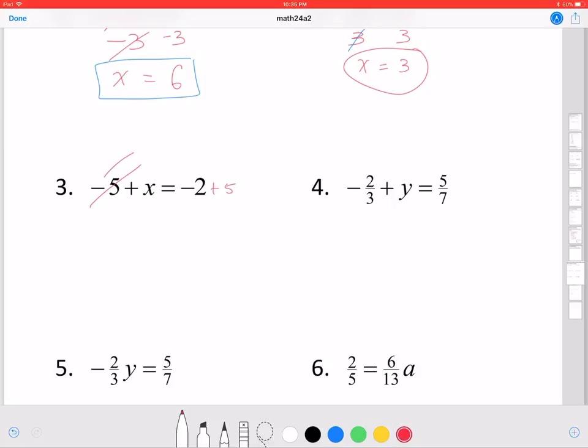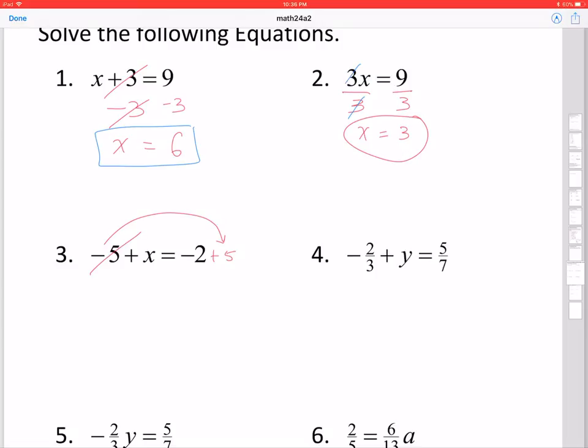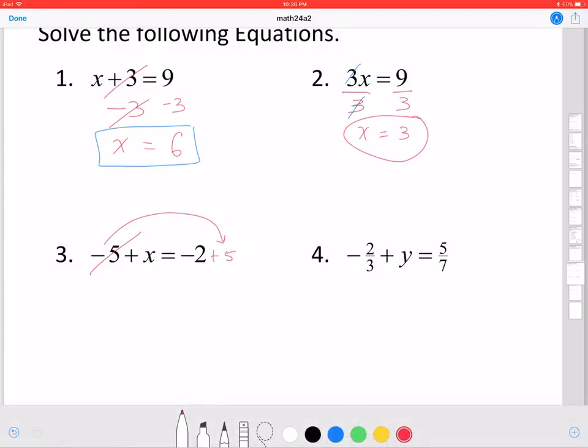It's almost like this got moved over. And when you move over across the equal sign, the sign changes. Now that happens only when you're adding or subtracting, not dividing like the previous problem number 2. And of course now negative 5 is gone, so x is all by itself, so negative 2 plus 5 is just 3. Same answer we got before.